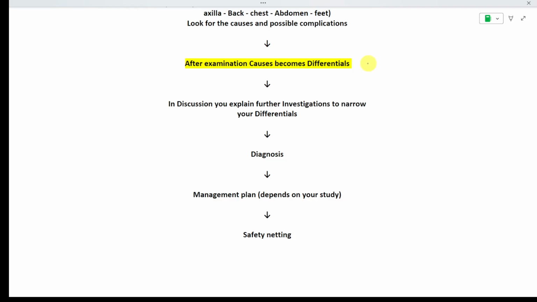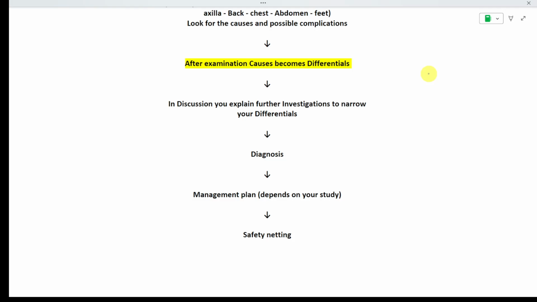Again, if it is due to malignancy, you would be able to find some lymph nodes anywhere in the body, and then you palpate the liver. You could find that the liver is enlarged, and then you find the ascites. Then you can relate it to your top differential that it could be due to malignancy, it could be due to TB.